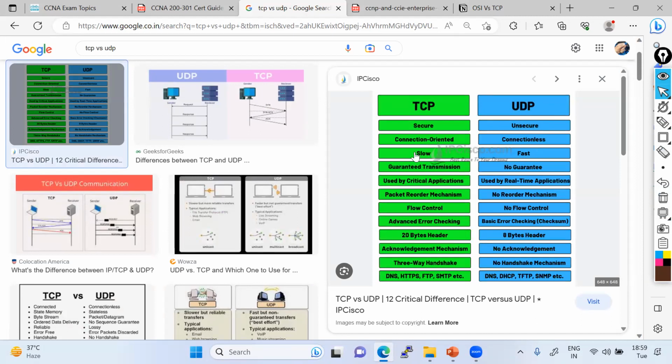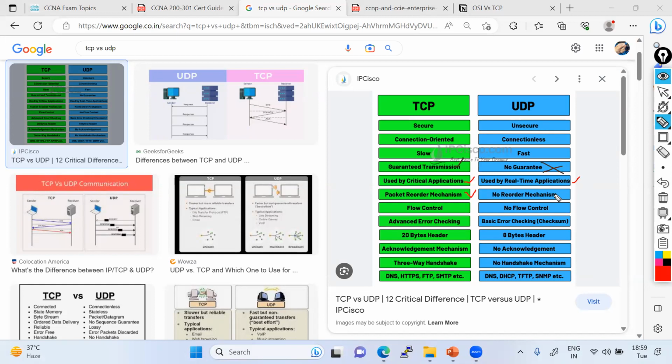TCP is very slow because it has to do processing for the three-way handshaking. UDP is very fast. TCP has guaranteed transmission; UDP has no guaranteed transmission. If it is lost, it is lost. UDP is used by real-time applications, anything real-time, that means like we are talking.